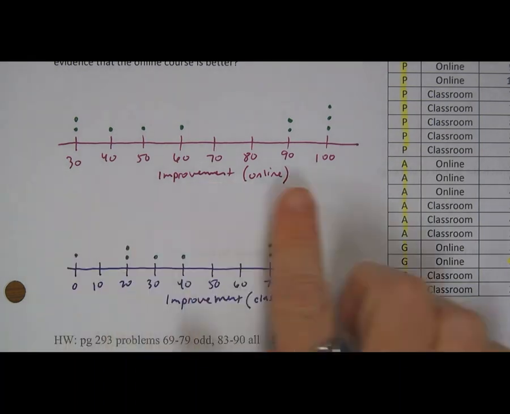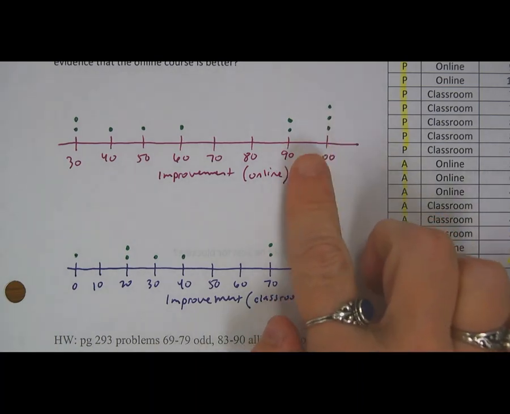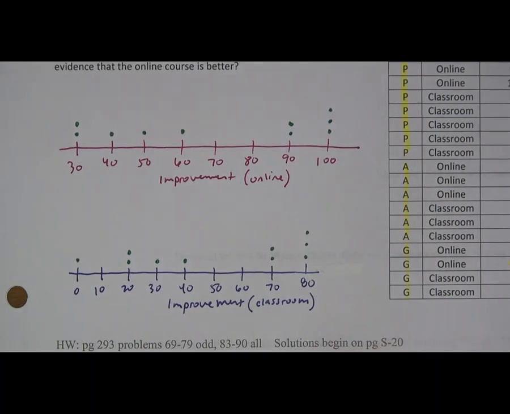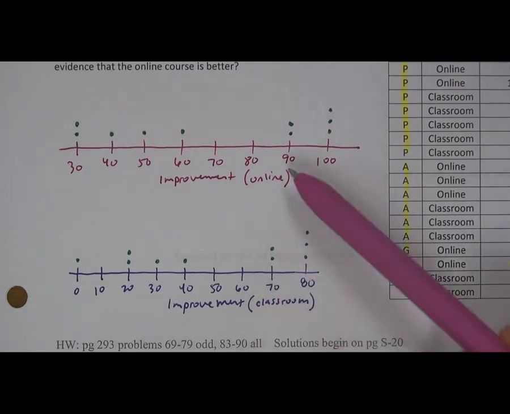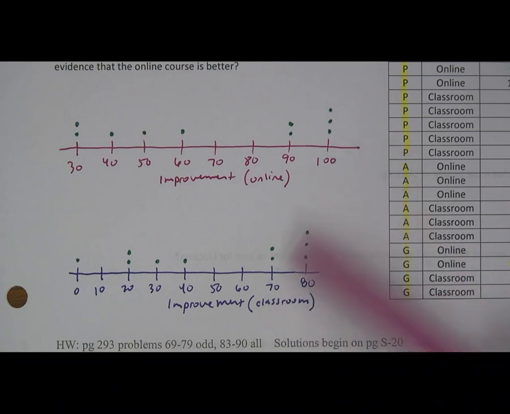And then online they made pretty good improvements. And yeah, we've got some larger numbers up here, but the majority of the classroom people improved and the majority of online people improved. So we did all of that just to say it's really hard to tell right now when everyone is lumped together which treatment showed the most improvement.